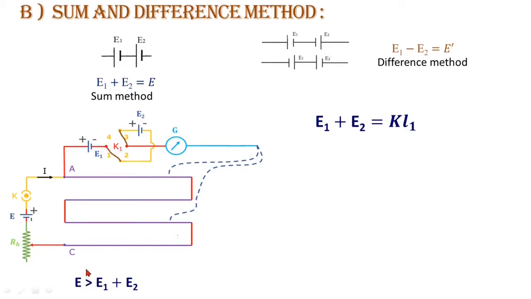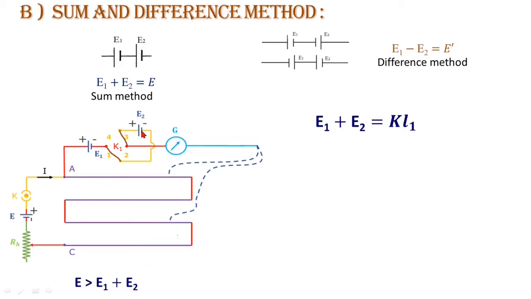Now keys 4 and 2 are kept open and keys 1 and 3 are closed. In this case, the two cells are in difference mode. The negative of E1 is connected to the negative of E2.